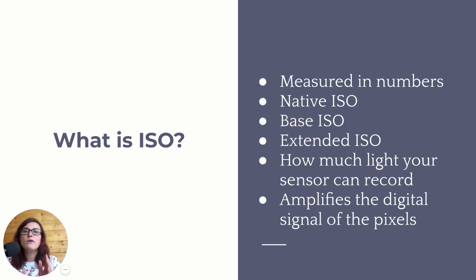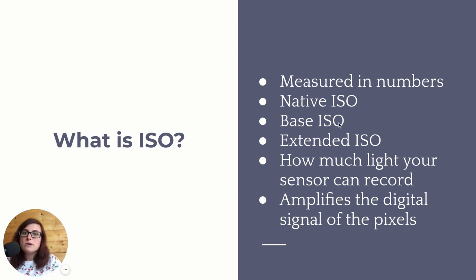Oftentimes they go from 100 to 6,400. That's generally the average native ISO range for the majority of camera brands and models. Some of the higher end pro models will have a wider range, but generally speaking, that's the range of ISO values that your camera will come with.